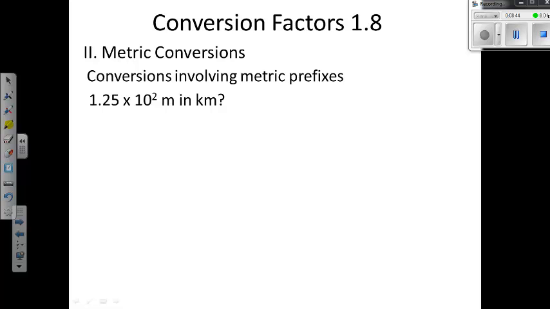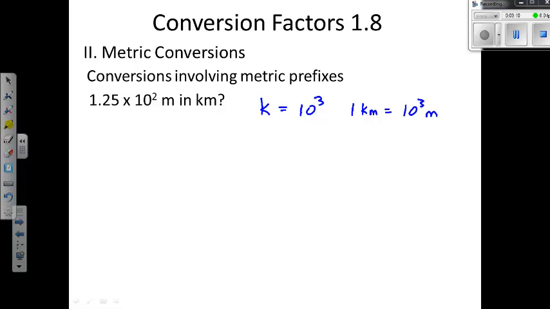I'm not given the conversion factor because this one I have to know. K, when I use it in kilometers, K is equal to 10 to the third. So this I know because I have to memorize that part of the table of metric prefixes. So 1 kilometer is equal to 10 to the third meters.